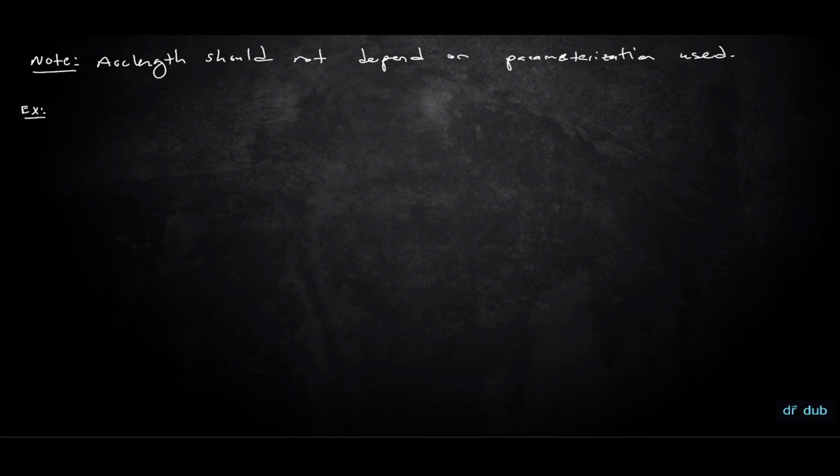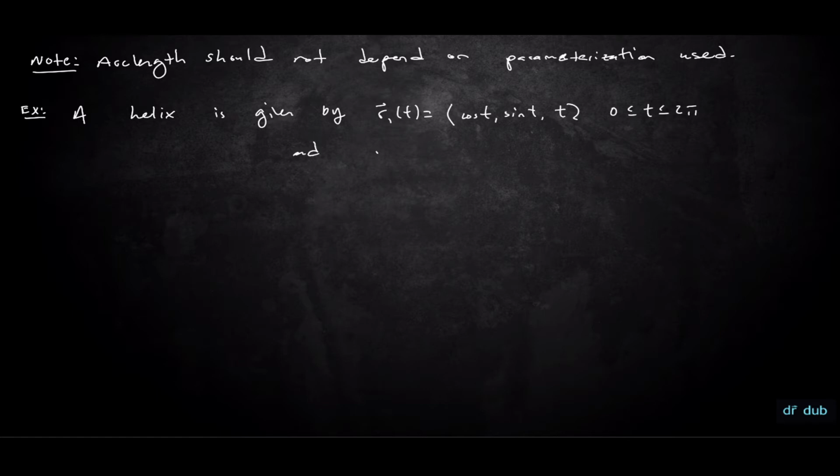So a helix is given by r1 of t equals cosine t, sine t, t, where t ranges from 0 to 2 pi, and r2 of t equals cosine of 2t, sine of 2t, 2t, where now t could range from 0 to pi.